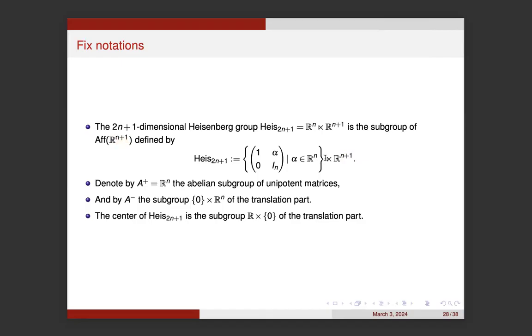And this part here is a subgroup of the linear group. These are matrices which are unipotent, and alpha here can be any element in R^n. So the Heisenberg group of dimension 2n+1 can be seen as an affine group. It is this subgroup of the affine group of R^(n+1).